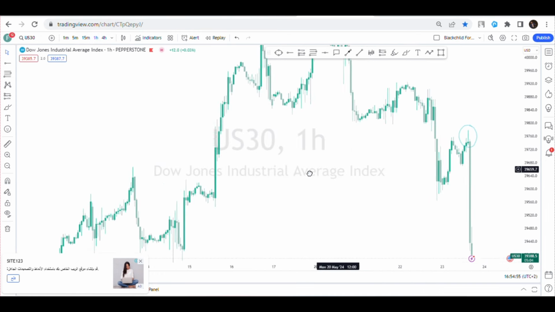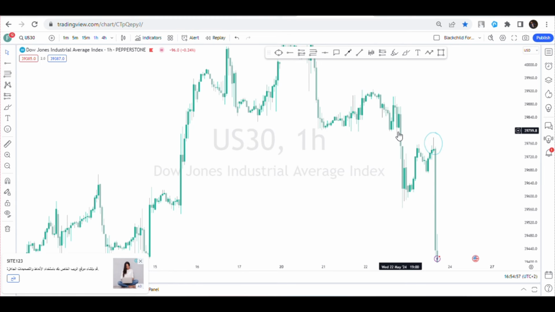When you go on a 1 hour, you're actually gonna see that we're having a gap right here. This gap needs to be filled. So this gap, when we check the majority, we're gonna see that this is where the last candle ended, and then another last candle ended right here.